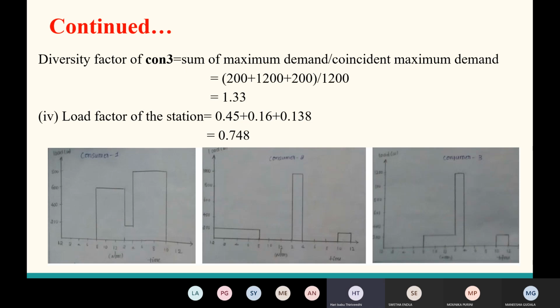Next, coming to the third column, power factor: first one 0.85 lagging, 0.90 lagging, 0.95 lagging, 0.90 lagging. Right.